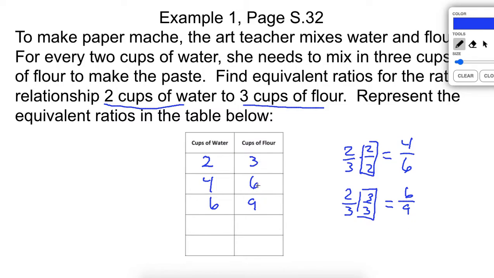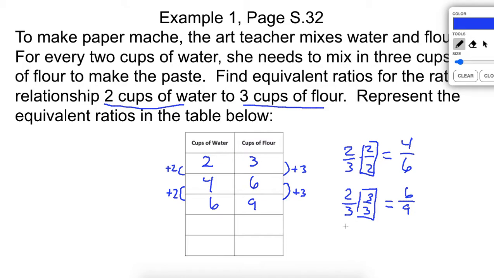So there's an adding pattern on here. We can just add 3 and add 2 to the one above it. So there's a pattern there that we could use to create an equivalent ratio.